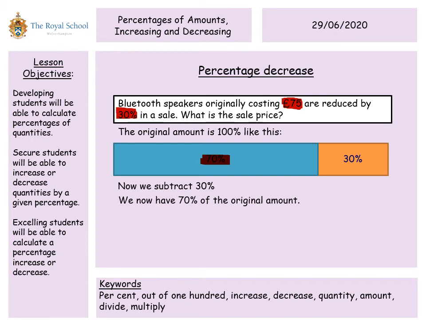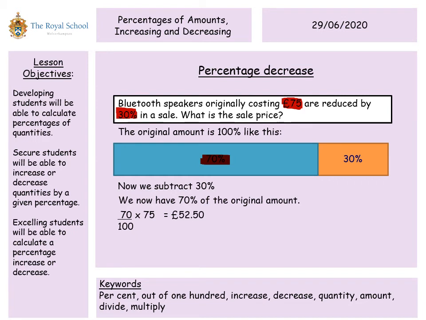So what this means is we're actually after 70% of our original amount, 70% of 75. So for our single calculation, remember percentages are out of 100, so we're going to do 70 100ths of or times 75. We can then do this in this single calculation, much quicker than our previous method, and this is going to give us our answer of £52.50 again.